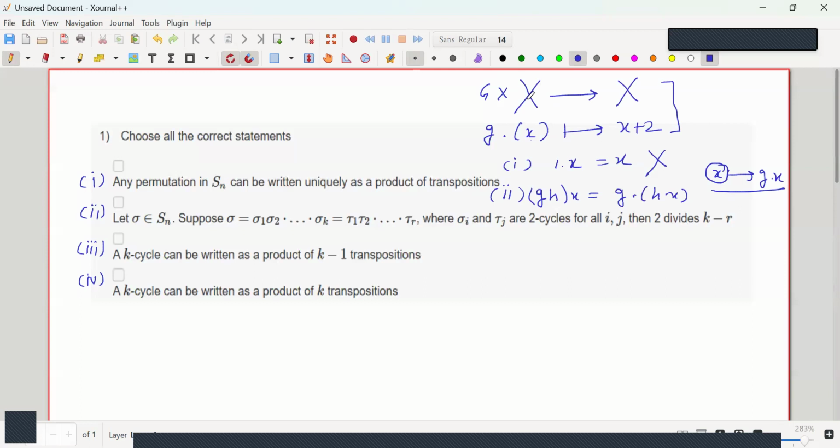I think this is a definition that you might have seen. What does this property mean? If you act with small h on x and then you act with g, that is the same as if you act with the element gh on x.